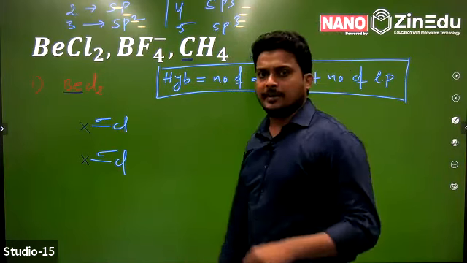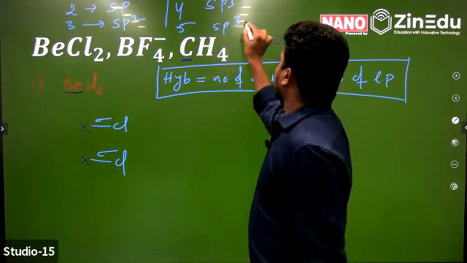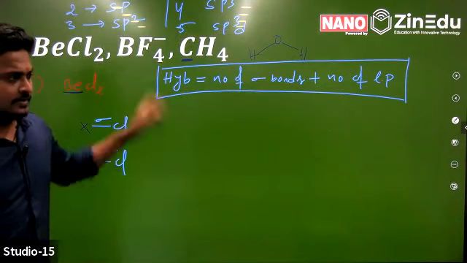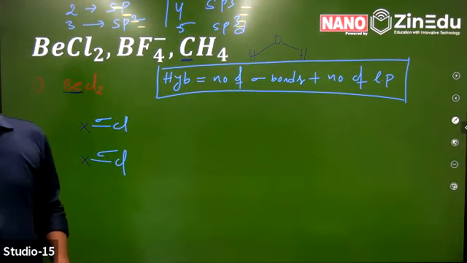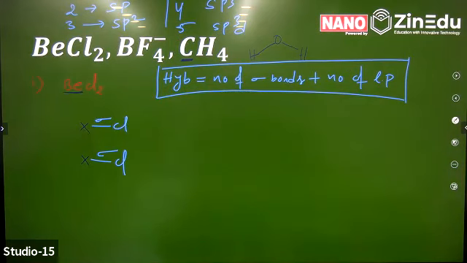If you have a total count of 5, 1 s orbital and 3 p orbitals, how many orbitals are completed up to? 1 plus 3, 4, and next a d orbital is involved. If the total count is 6, then the hybridization is sp3d2. Very good.